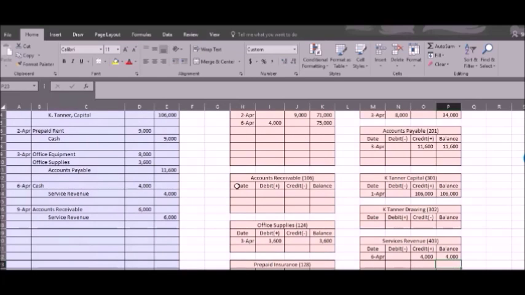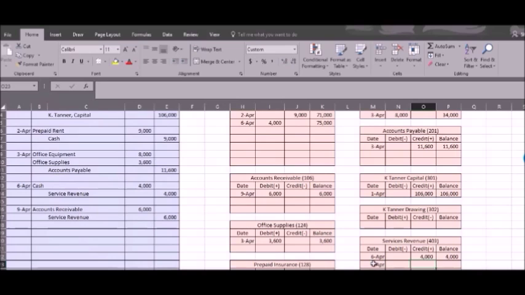The last thing, April 9th. Debit to accounts receivable. People owing us money, right? So 4/9, we debit accounts receivable for $6,000. Means my balance is $6,000, right? And I credit service revenue because they owe us because we did work, right?